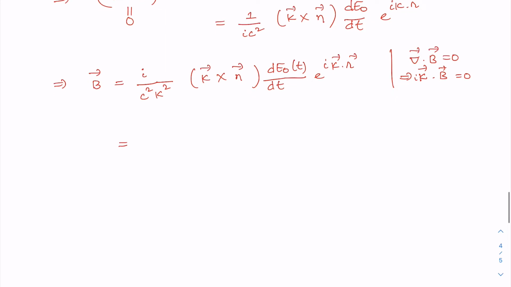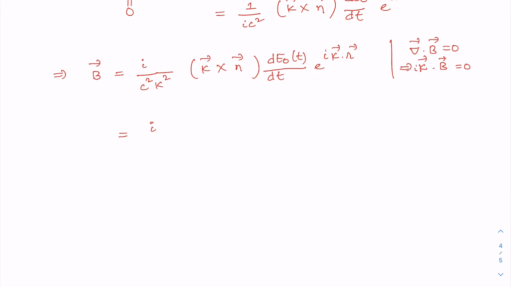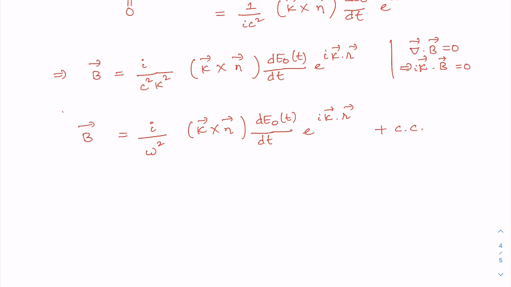Therefore I have i by omega square, k cross eta dE0 dt e to the power i k dot r. And because the magnetic field has to be real, let me now put in the complex conjugate part. So this is my magnetic field.